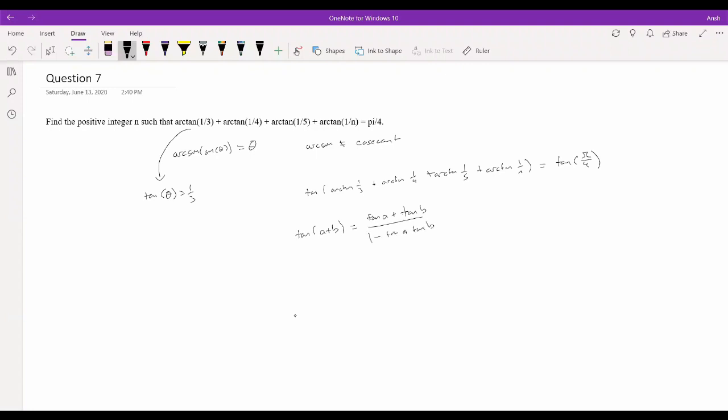Let's say we do the first two terms in our sum first. These two would just become tangent of arctan of 1/3, which is 1/3, plus tangent of arctan of 1/4, which is 1/4, over 1 minus their product, which is 1 minus 1/12, which gives us 7 over 11.